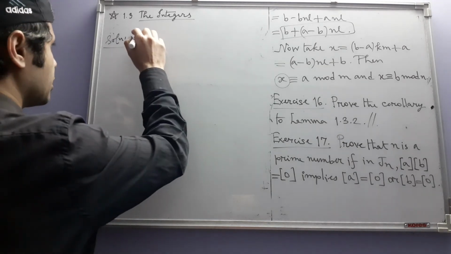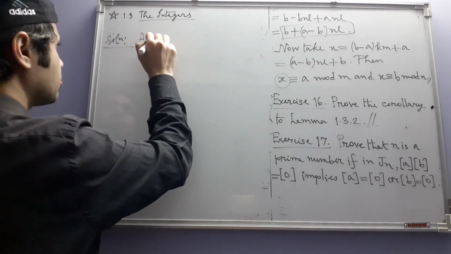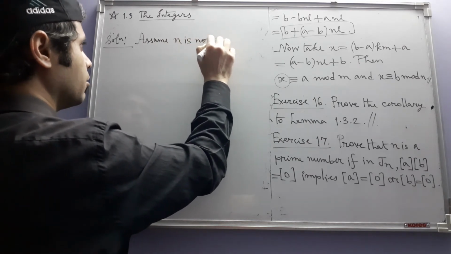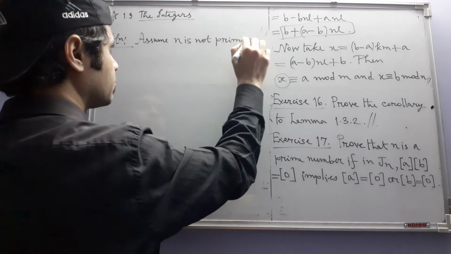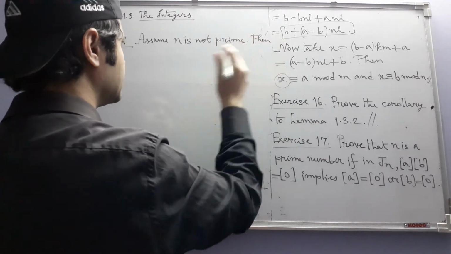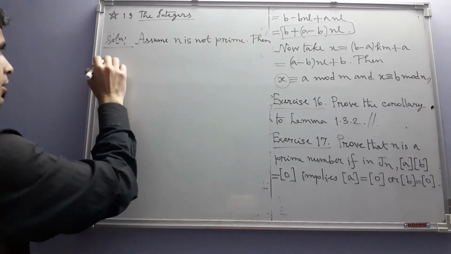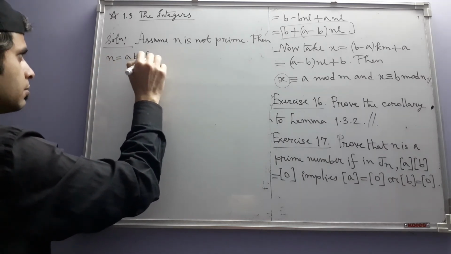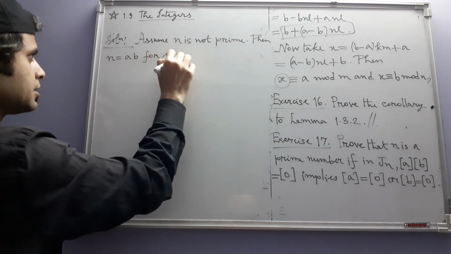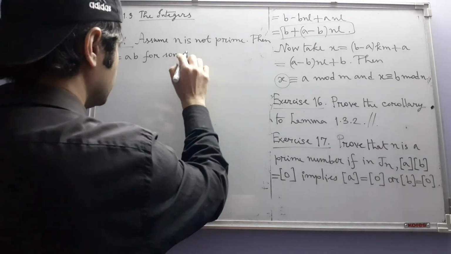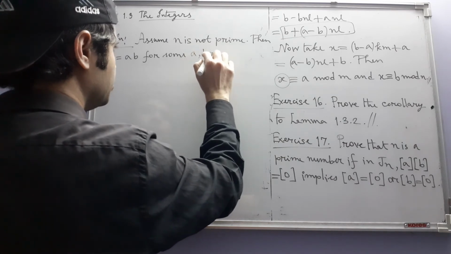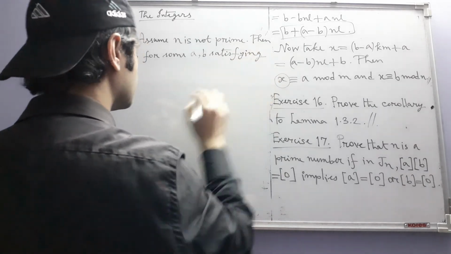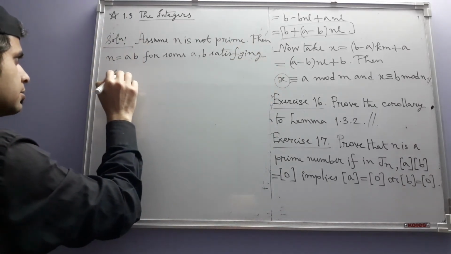So assume n is not prime. Then by now we already know what we have to write here. Then n has a non-trivial factorization, n is equal to AB for some A and B satisfying these inequalities.